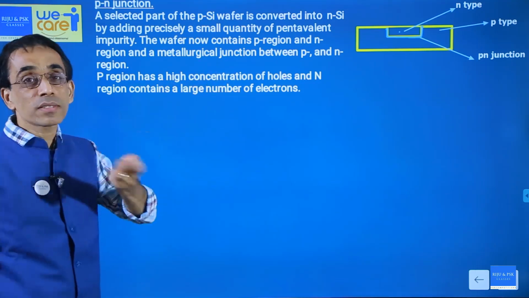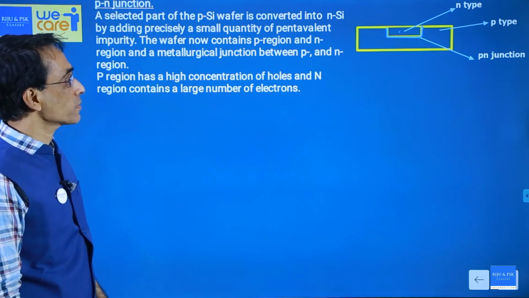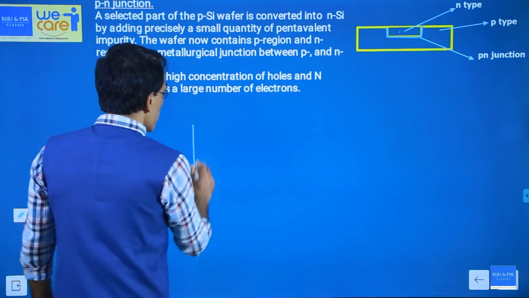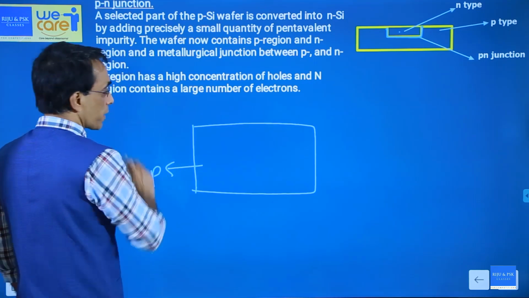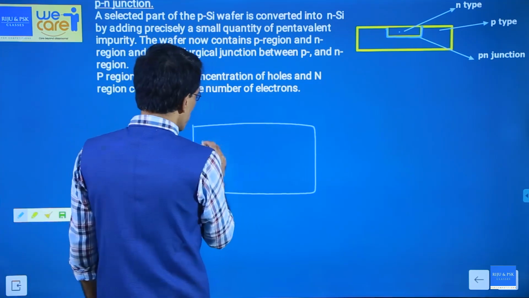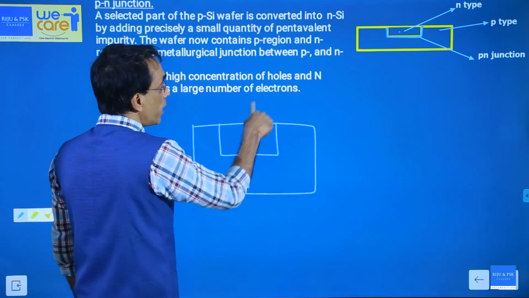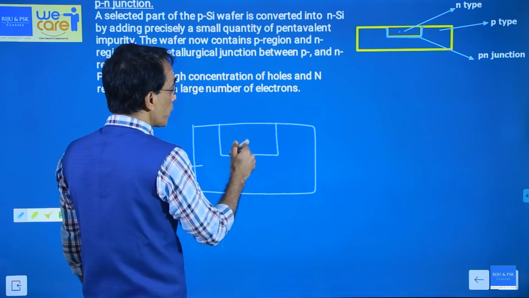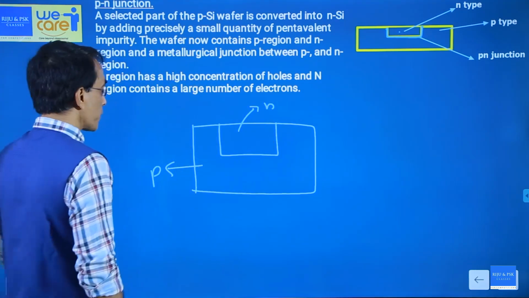How is a p-n junction formed? If the question comes, this is what you have to write. What is the method? You take a p-type material. Then select some portion, any portion, and you add a pentavalent impurity so that this becomes an n-type semiconductor.